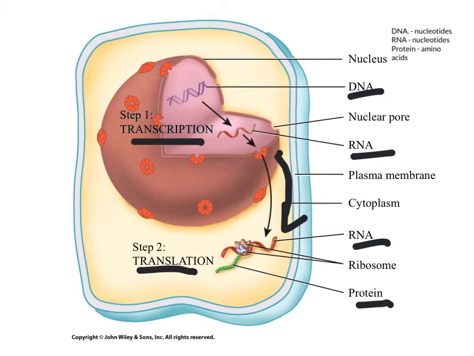When you're going from RNA to protein in translation, you are translating it. You are going from a nucleotide to an amino acid. So it's like translating a different language, okay? We have to turn those nucleotides into amino acids, and we do that through the process of translation. So if you can't remember it, hopefully that helps you remember that translation is RNA to protein, transcription is DNA to RNA.